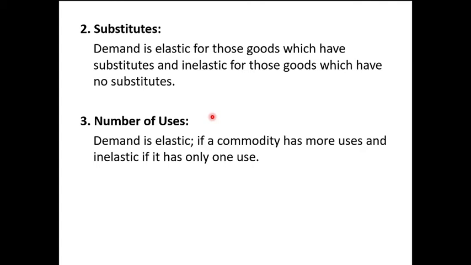So in case of substitute, remember, demand is elastic when the goods have substitutes. Demand is inelastic when the goods have no substitute. In case of number of uses, demand is elastic when the commodity has n number of uses. Demand is inelastic when the commodity has only one use.